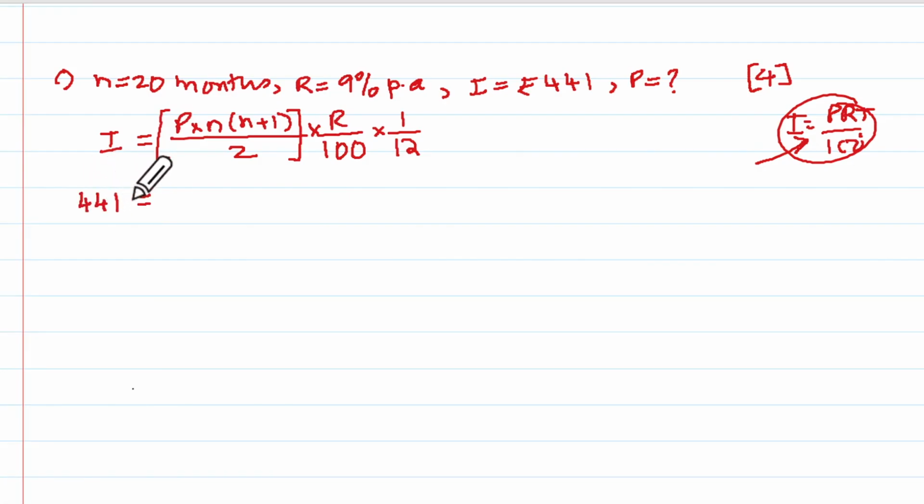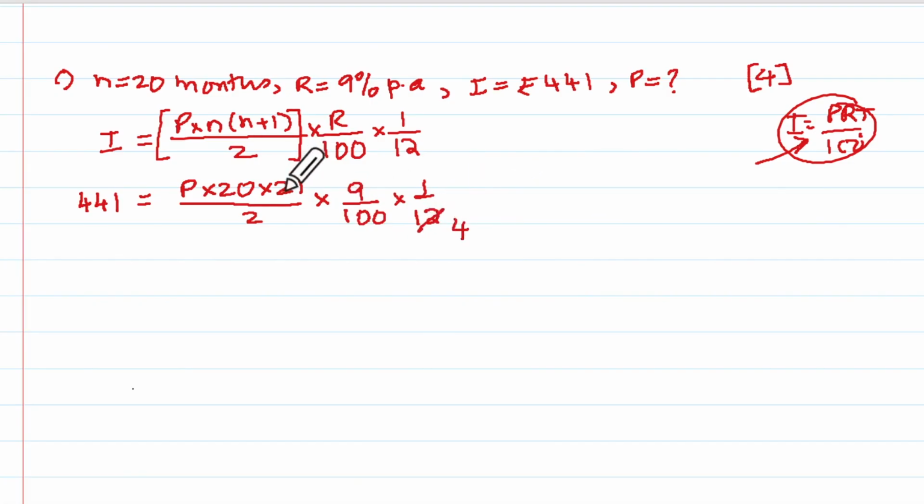So 441 will be equal to P into N is 20 into 21 upon 2, multiplied by R is 9 upon 100 into 1 upon 12. 3 fours, 3 sevens, 4 ones and 4 fives.